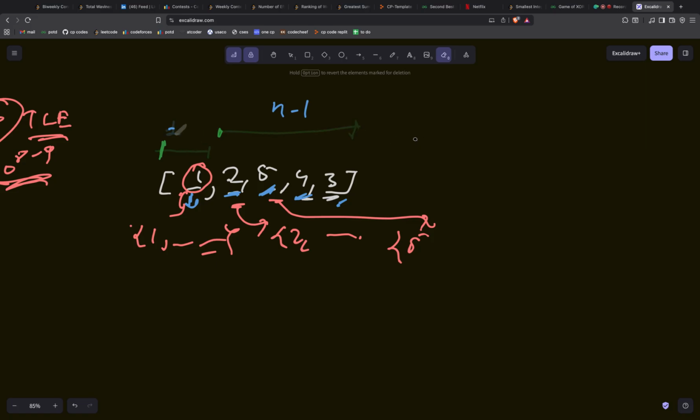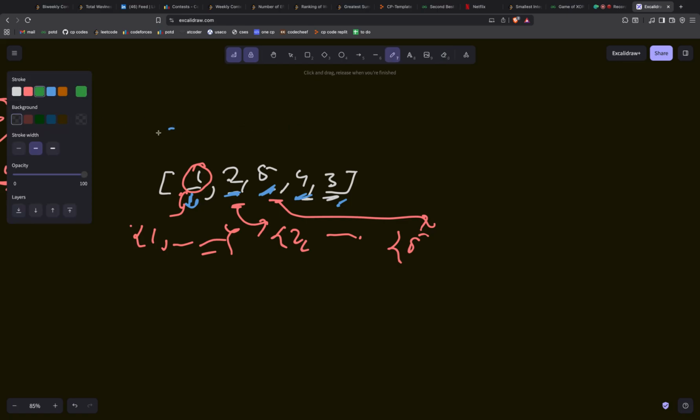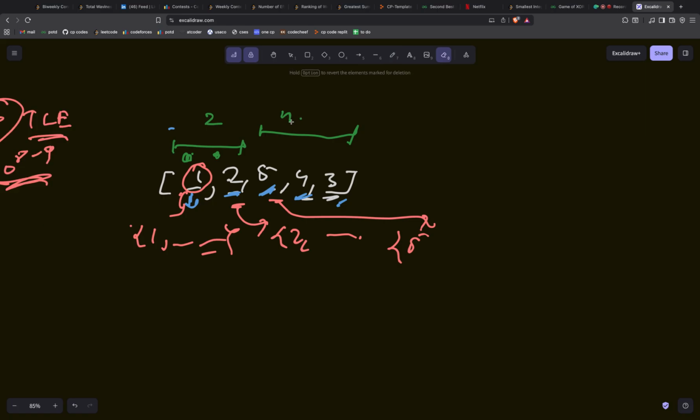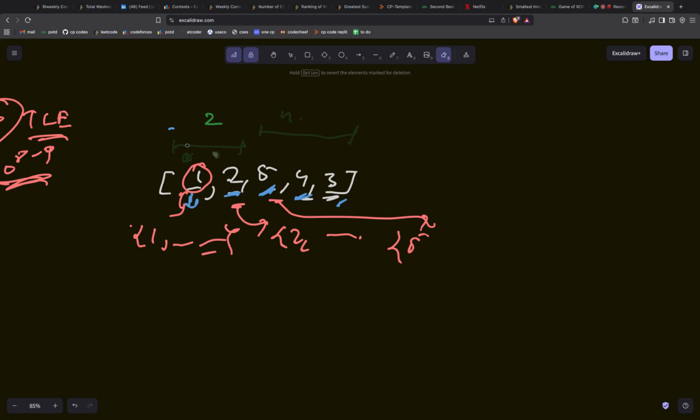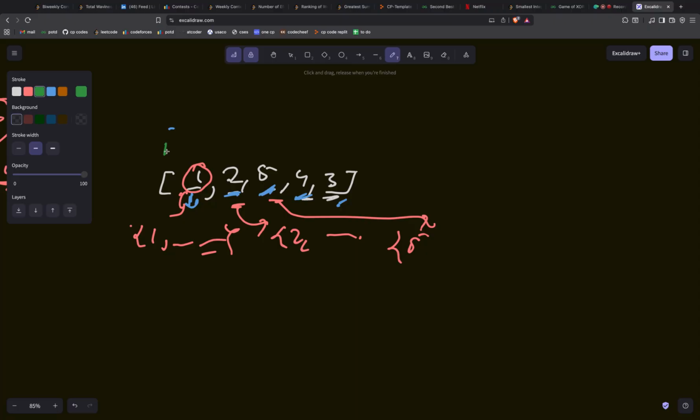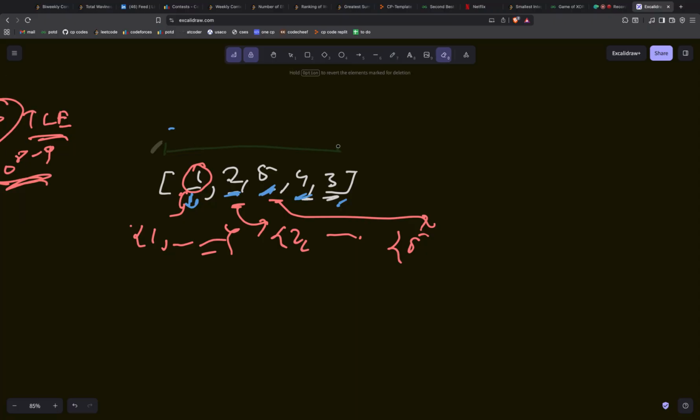Now let's do this for 2. For 2, my starting could be this point, or this point also. My ending has to be after 2. Okay, sorry, a bit of confusion here. My starting and ending could actually overlap.